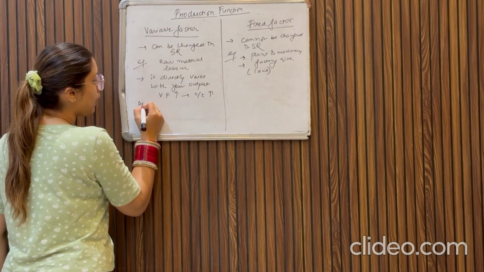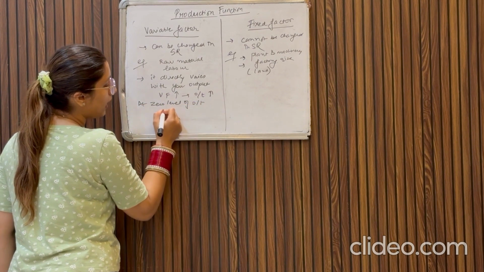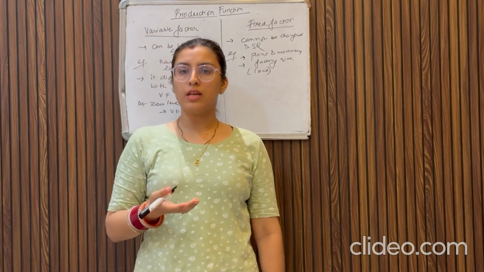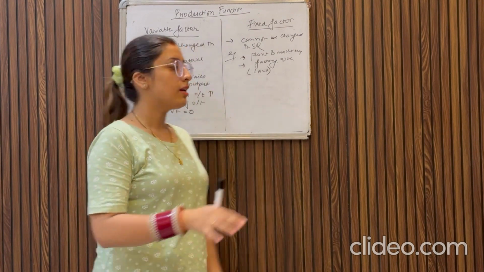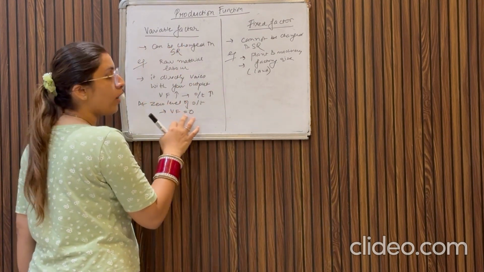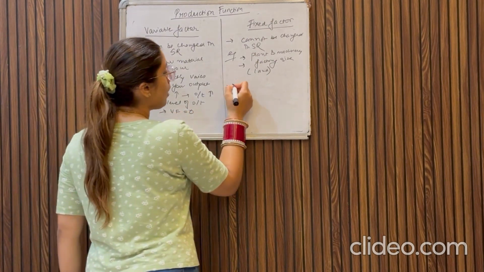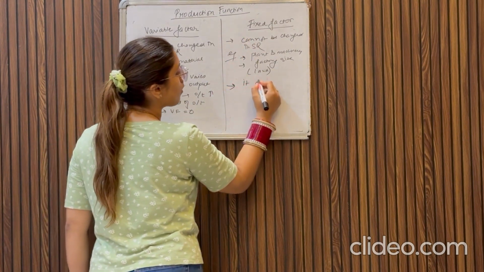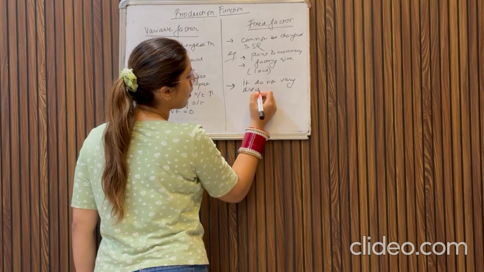At zero level of output, your variable factor will be 0. Obviously, when you don't produce anything, there will be no need of any raw material or any labor to be appointed. So at zero level of output, you don't have to incur the cost of variable factor. While the fixed factor does not vary with the output.